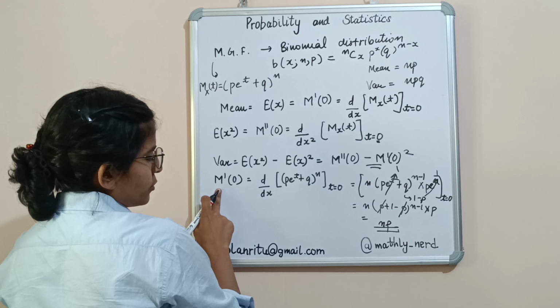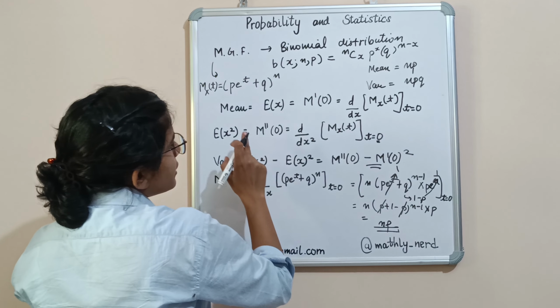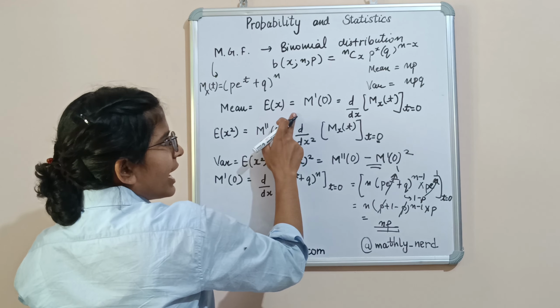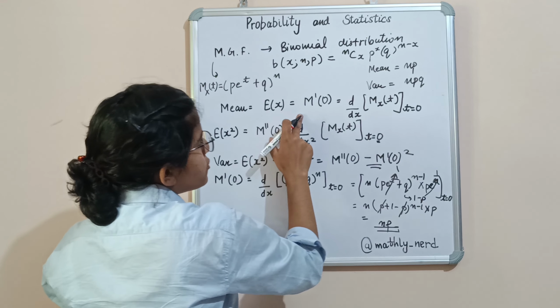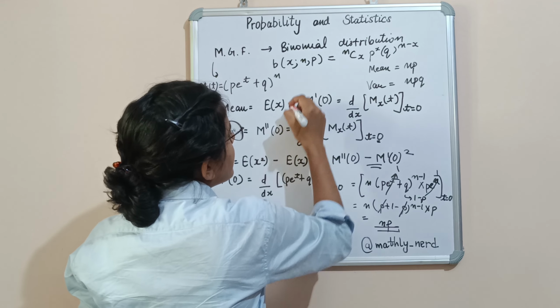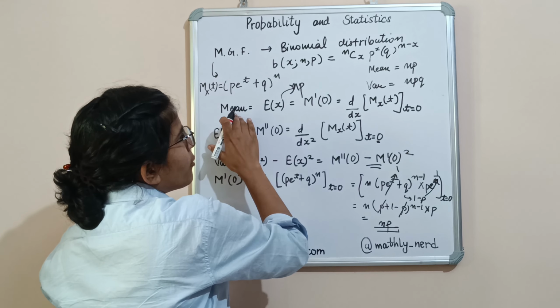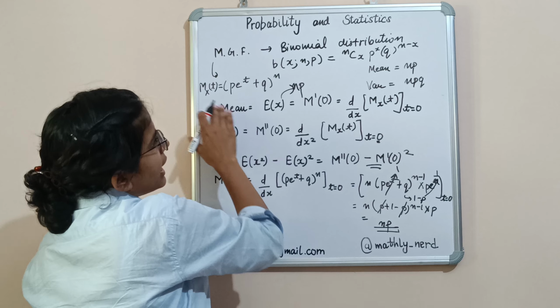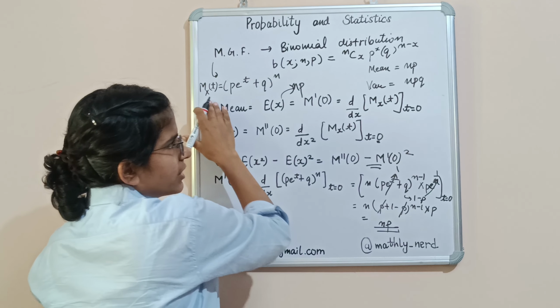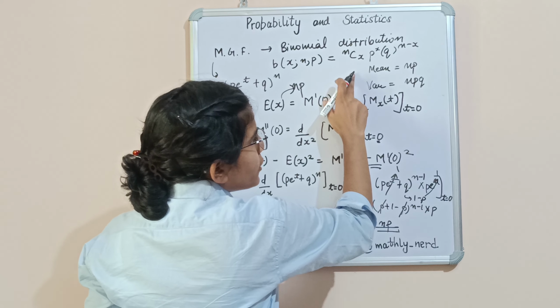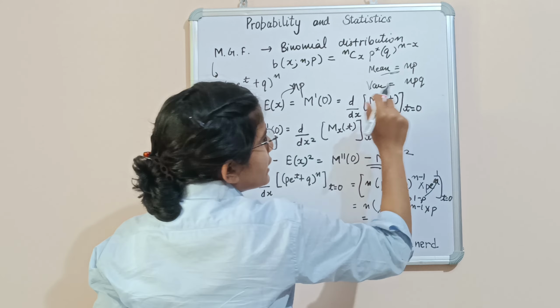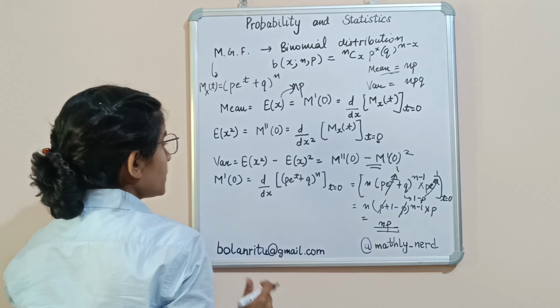Our M dash 0 is np, and our expectation of x, the mean, equals M dash 0. So this will be np for the binomial distribution using the moment generating function, and we already know that the mean of a binomial distribution is np.